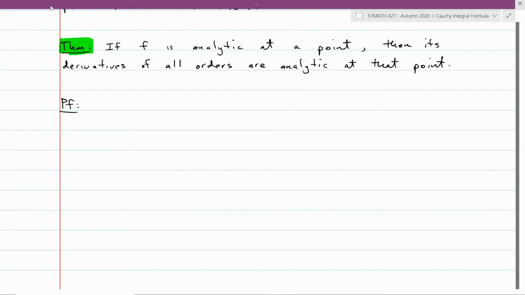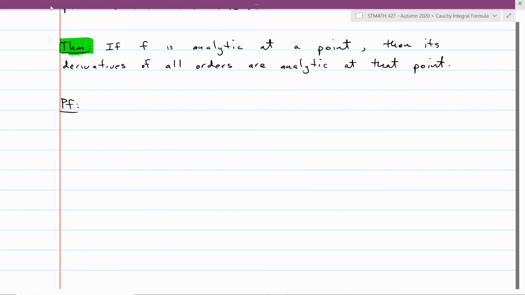If things are differentiable all the way down, then of course all the partial derivatives of the component functions are continuous at all orders. And as I've thought about this proof, it doesn't depend on Cauchy-Goursat at all. So you wouldn't be engaging in any circular reasoning if you cited this theorem to get an easier proof of Cauchy-Goursat, which is why I didn't really want to prove the more complicated proof.